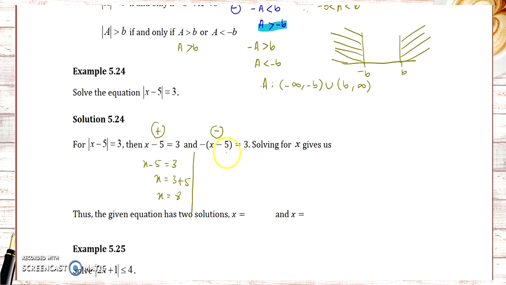And for the negative, we get x minus 5 equals negative 3, x equals negative 3 plus 5. Therefore, we get x equals 2. Thus, the given equation has two solutions, x equals 2 and x equals 8.